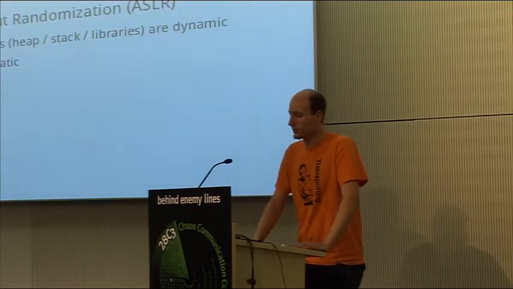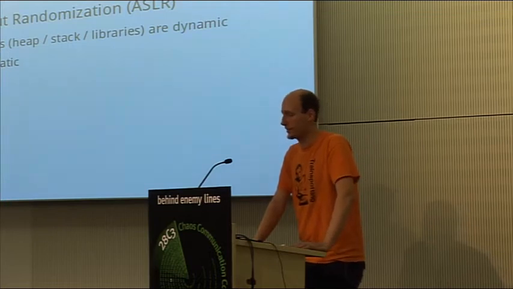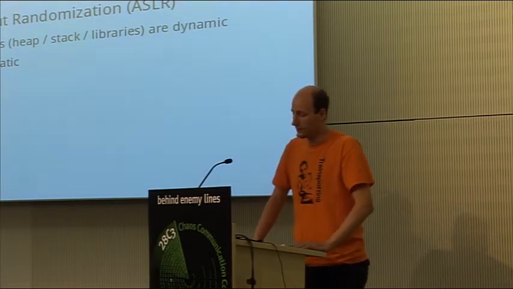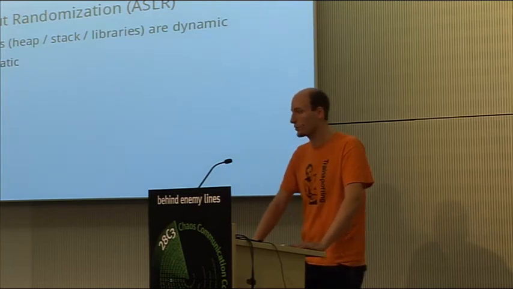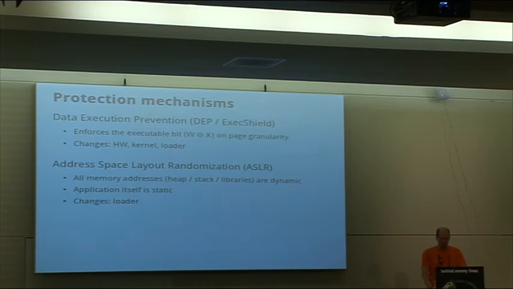The next protection mechanism is address space layout randomization. ASLR is a probabilistic protection mechanism that is also enabled by default on current kernels. ASLR enforces that all memory addresses on the heap, on the stack, and for all libraries are dynamically shuffled around and randomized.